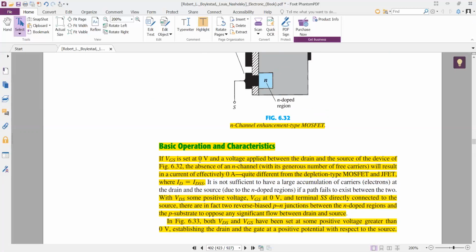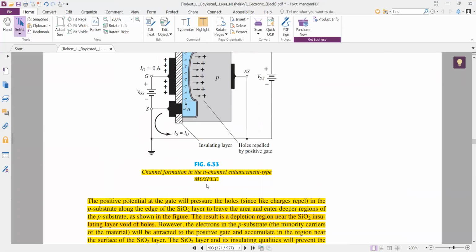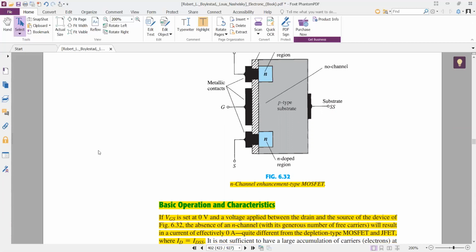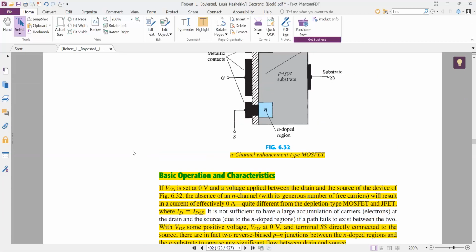If VGS is set at 0 volt and voltage is applied between the drain and the source of the device of figure 6.32. So gate to source voltage is set to 0, and an external voltage source, a battery you can say, is applied between drain to source terminals.